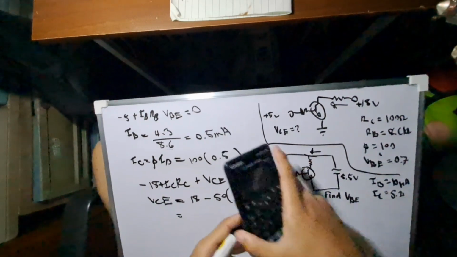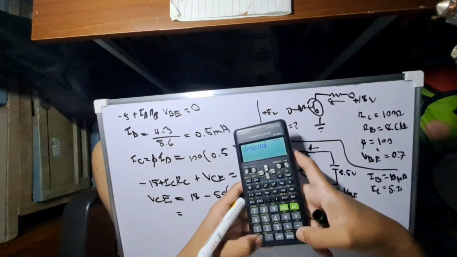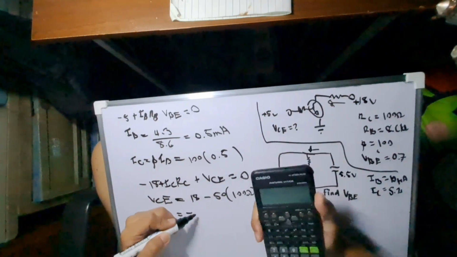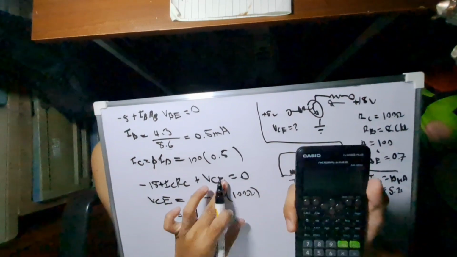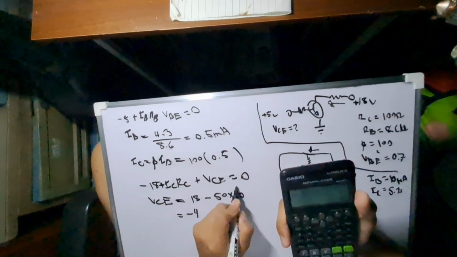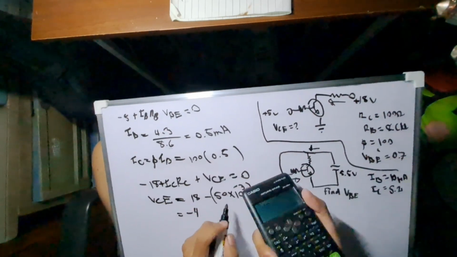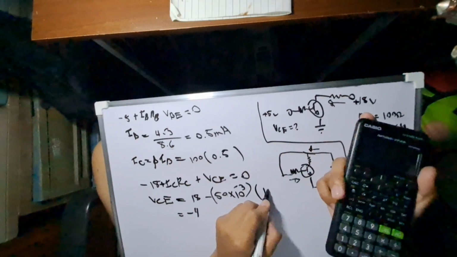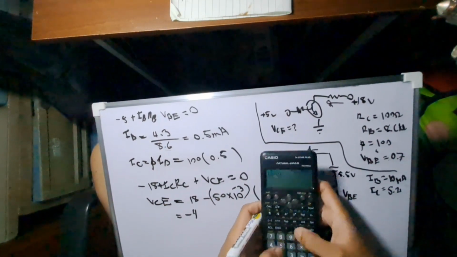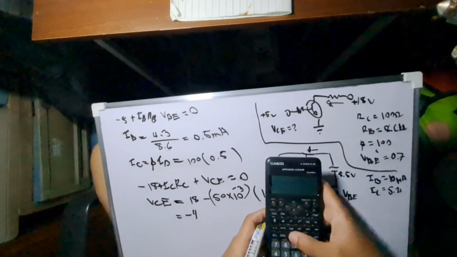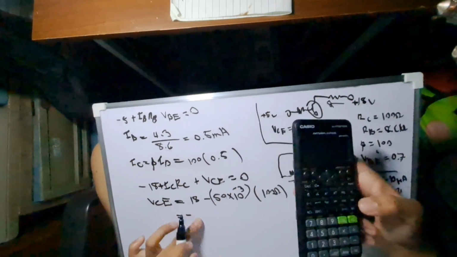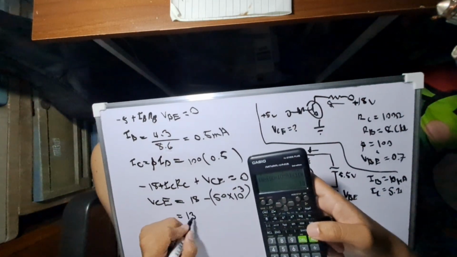So we have 18 minus 50 times 10 raised to negative 3, since milliampere, times 100 ohm. 18 minus 50 times 10 raised to negative 3 times 100. We have 13 volts.